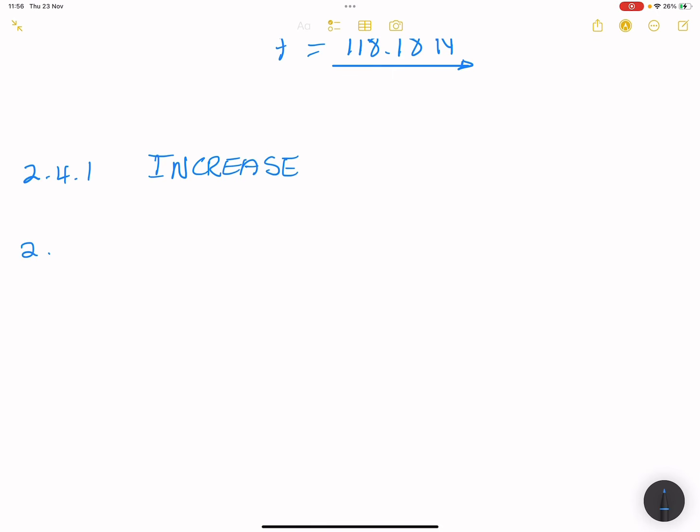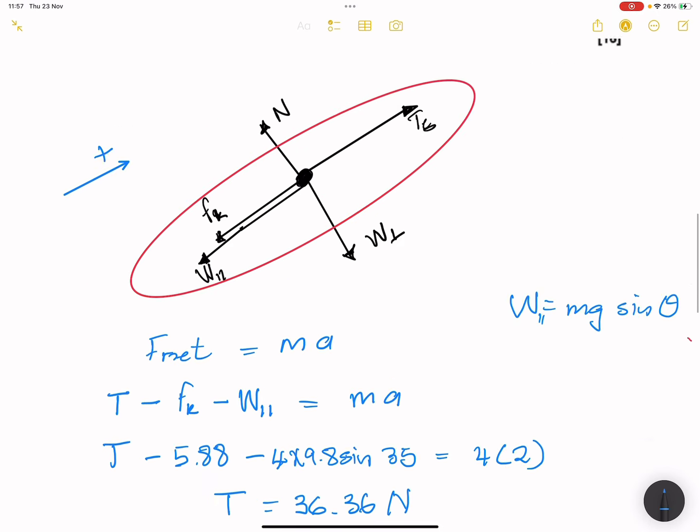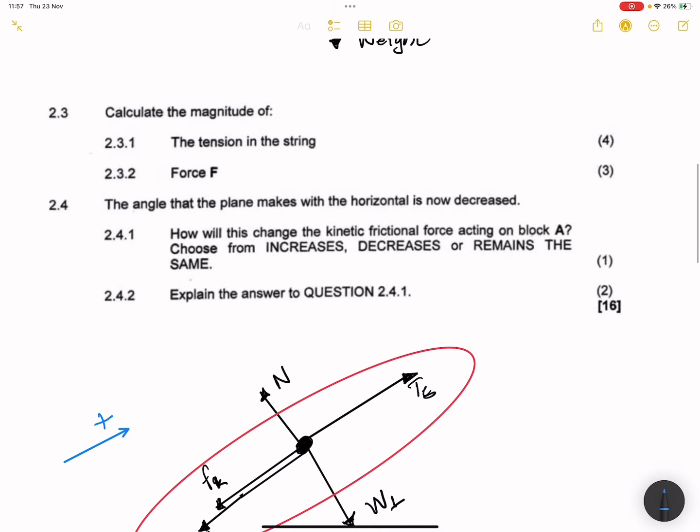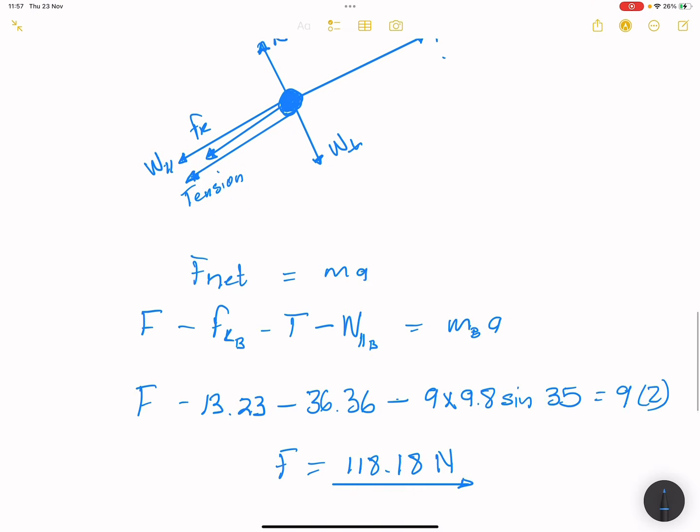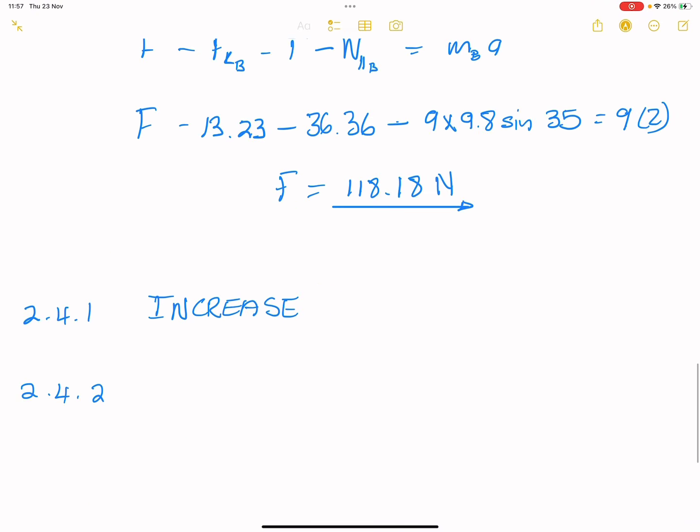All right, and why would it increase is the question. So they want us to explain the answer to 2.4.1. Okay, let me just do this. When you look at the normal force, an increase in the angle, I just made a mistake there.